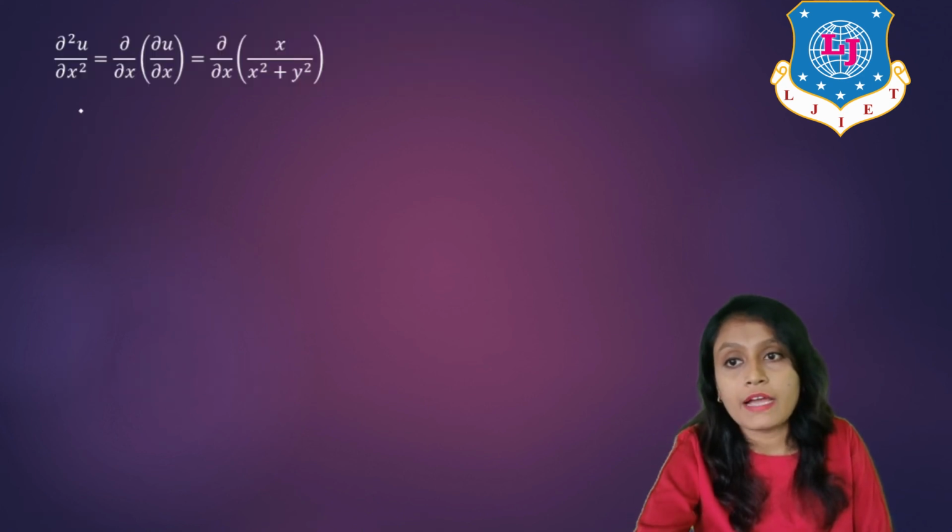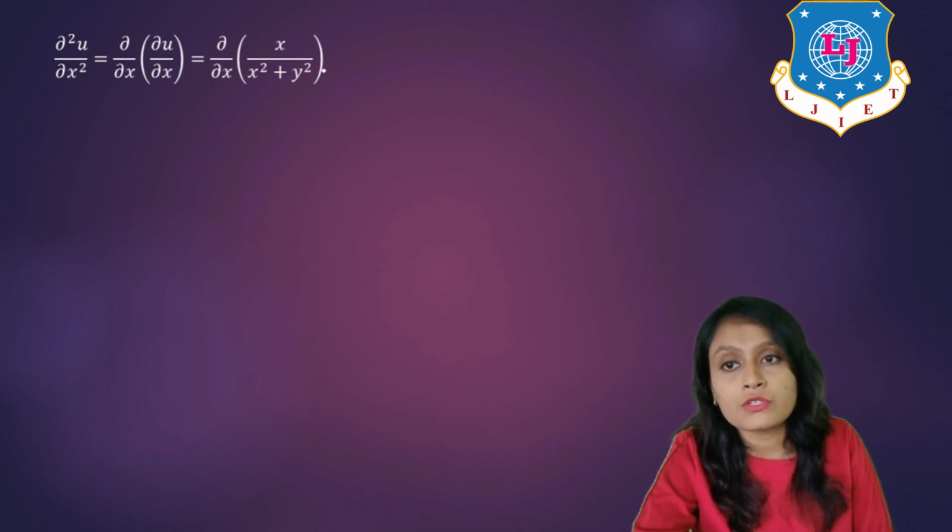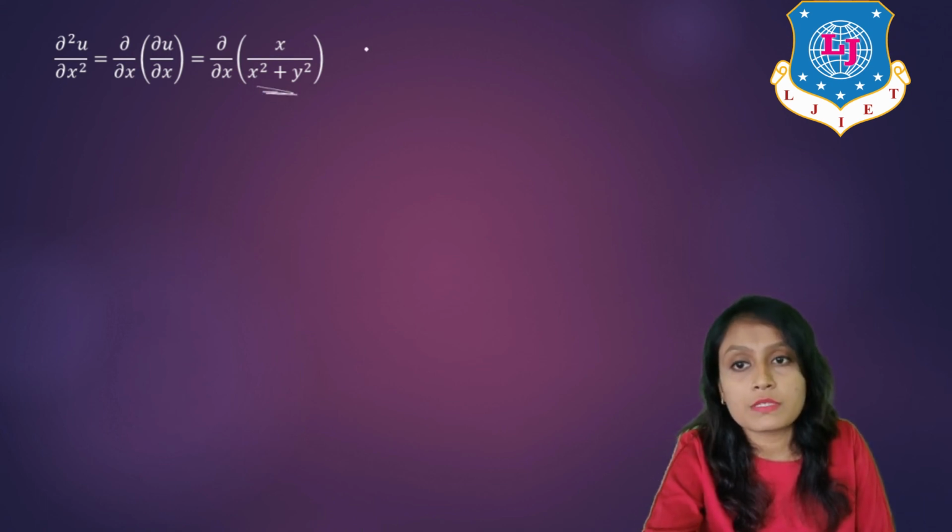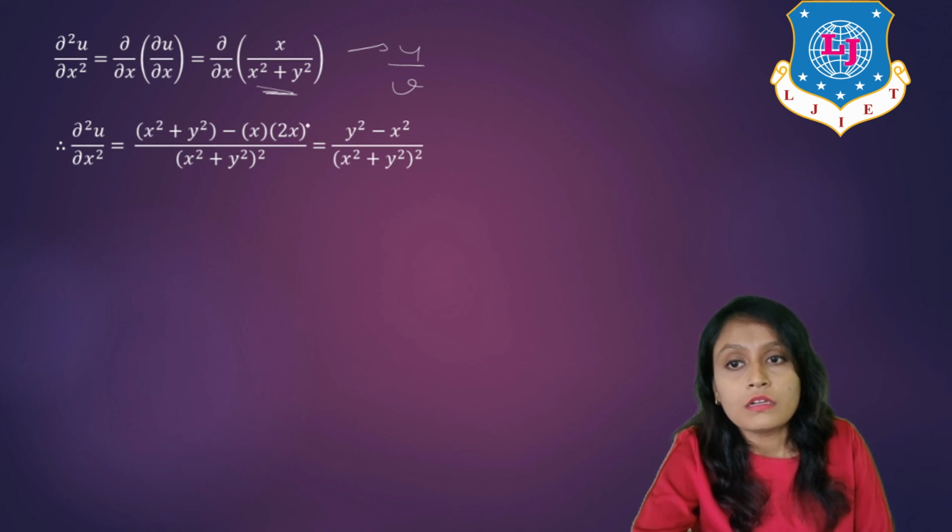Next, we will find del square u by del x square. That is del by del x of del u by del x. So del u by del x is x upon x square plus y square, and we have to take derivative of this term with respect to x. For that we will apply the u upon v rule.